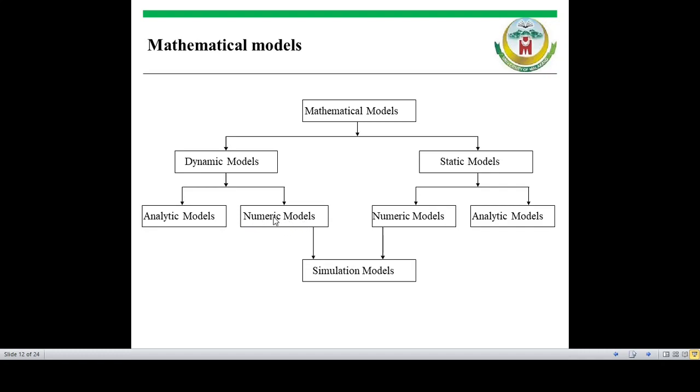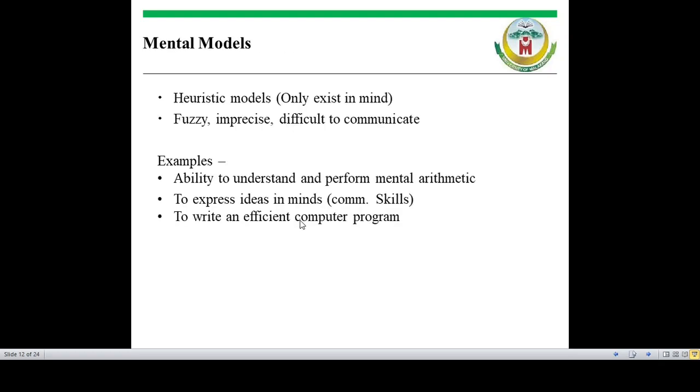We will discuss the details of these. Numeric models are used for simulation, so simulation is represented through numeric models.